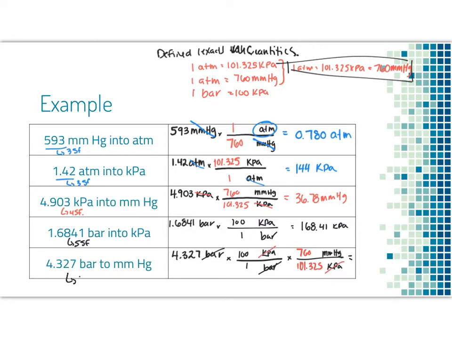Our final answer should have 4 significant figures. We multiply all the way across the top and divide by everything across the bottom. So in this case, we should get 3,246 millimeters of mercury. So get comfortable with converting between units of pressure because some questions will require it of us.